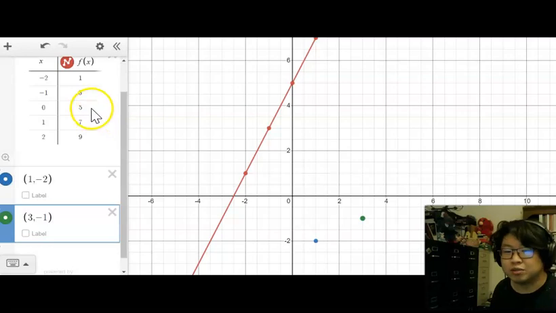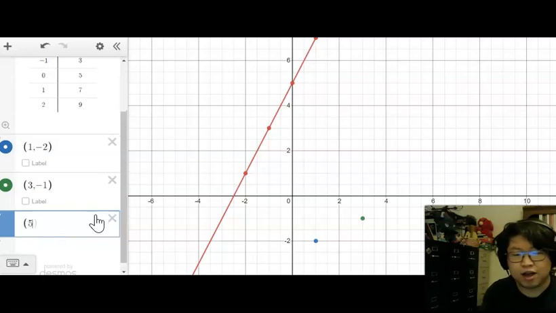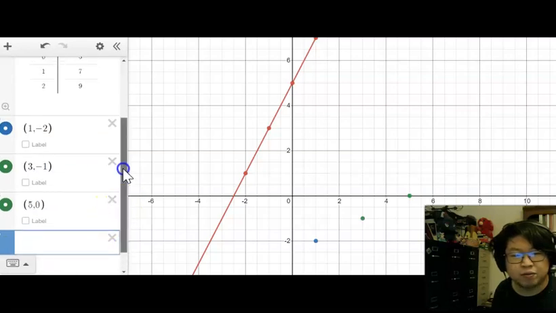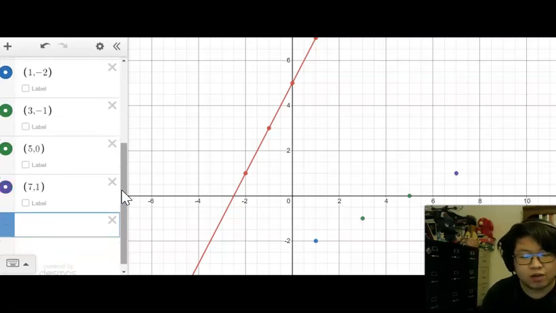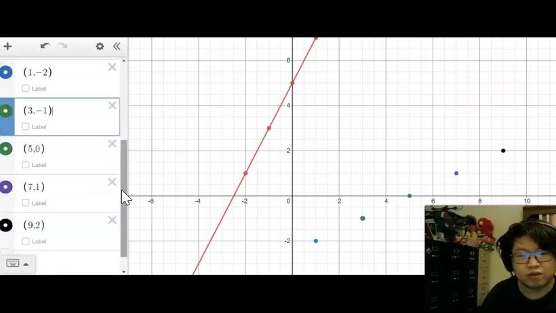So what I'm doing is I'm taking the y values and putting them in front instead of behind. Then we have 5, 0. We can start to see a shape take place. Then we have, let's scroll up, 7 and 1, and finally we have 9 and 2. I do believe that was the last one.